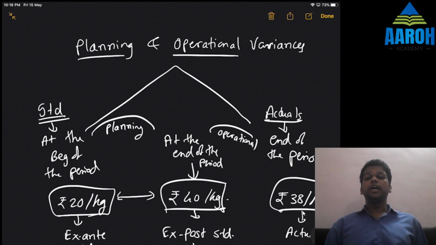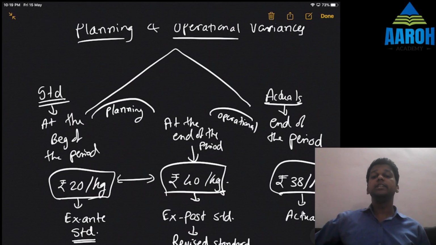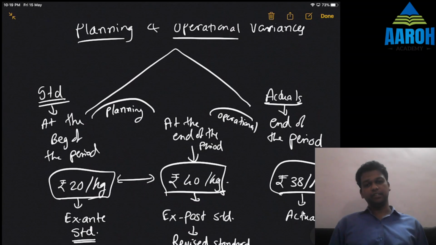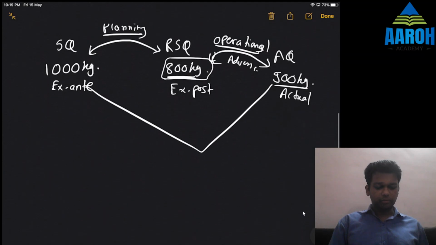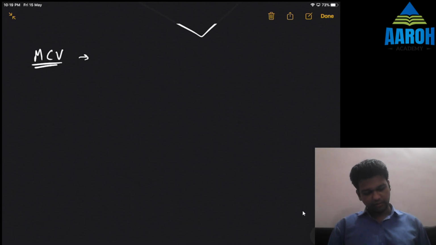So let's try to see how to solve questions based on this. Just understand the concept. If you have understood this concept, then it is very easy to apply logic directly instead of remembering any formula. Obviously we must know the formula of basic traditional variances. Let's just revise once. What is material cost variance?